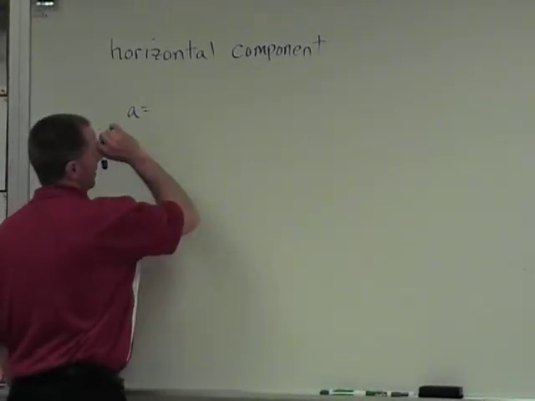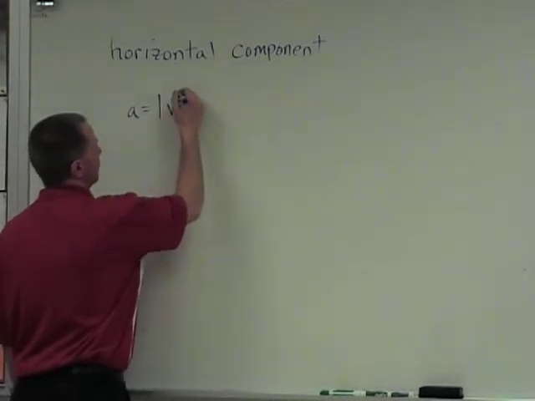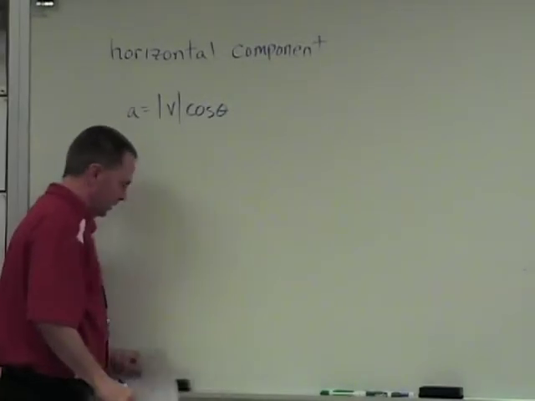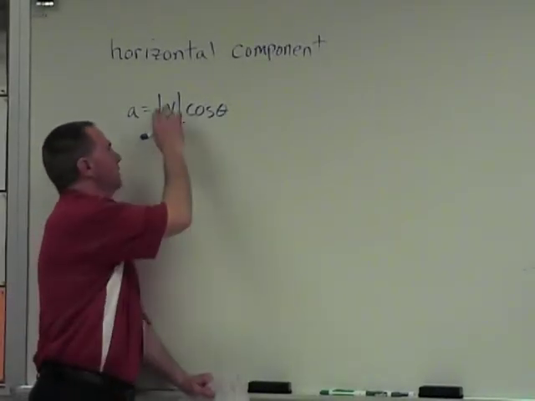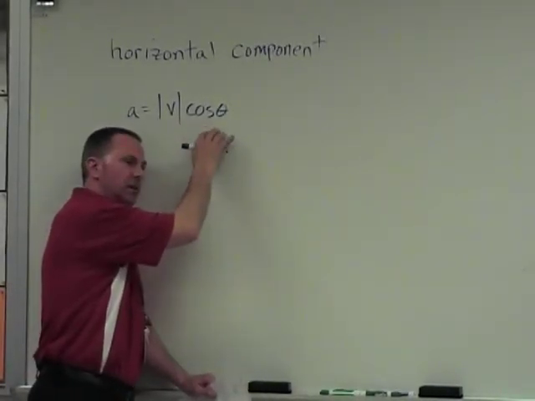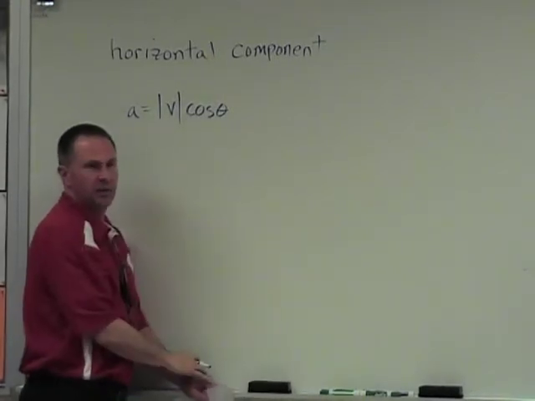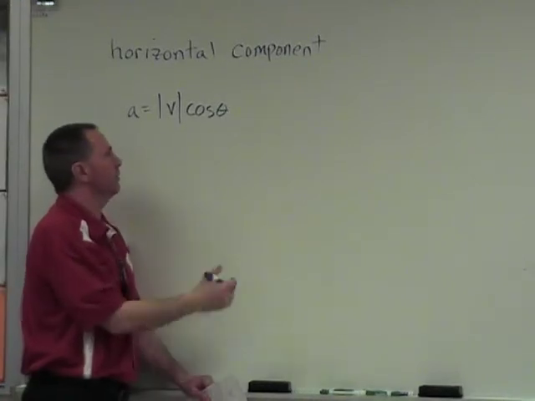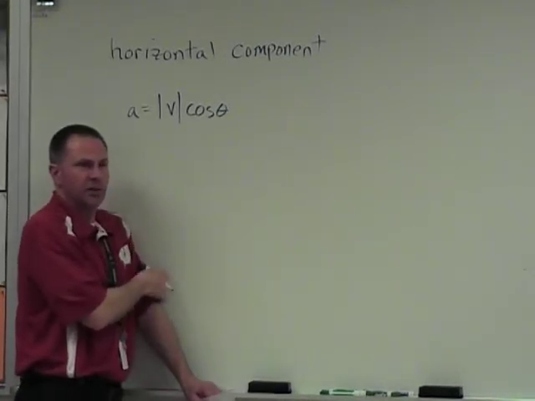A is the magnitude of the vector times the cosine of theta. So basically the distance of your vector and the x value that you get when you have the degree. Cosine is your x value. So simpler, just in simple terms of how you understand it.